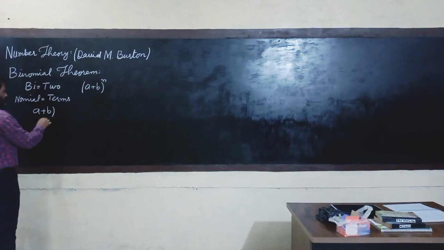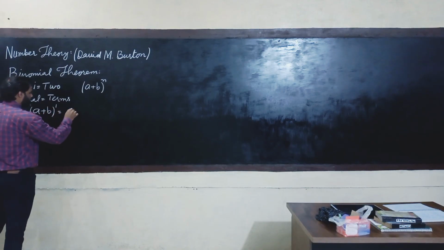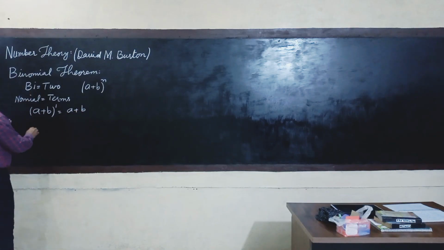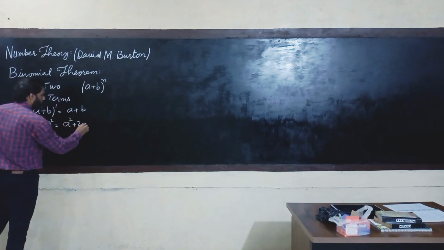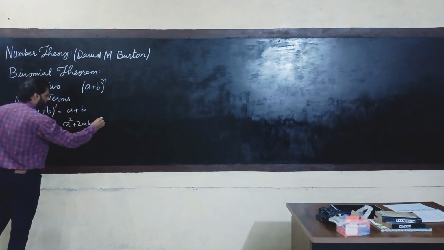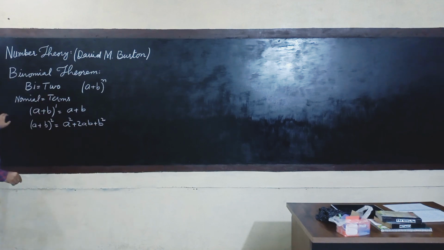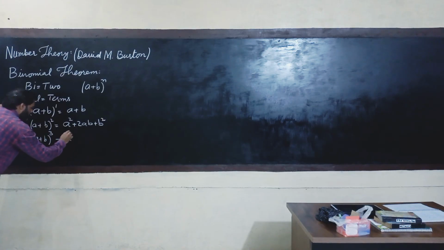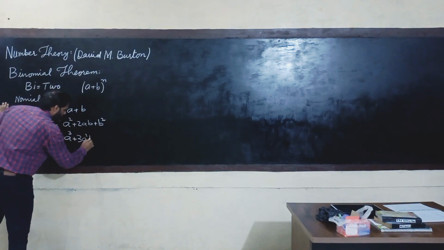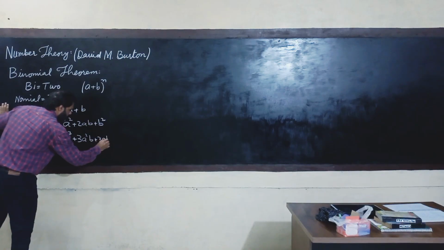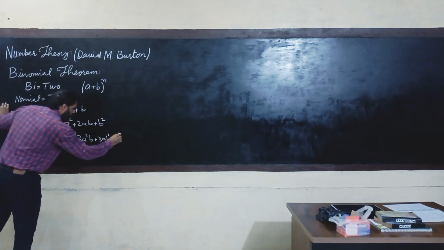So let us start from the simple examples. You know, (a + b)^1 is simply a + b. And if I ask what is (a + b)^2, your answer is a^2 + 2ab + b^2. Next, the formula of (a + b)^3 is simply equal to a^3 + 3a^2b + 3ab^2 + b^3.